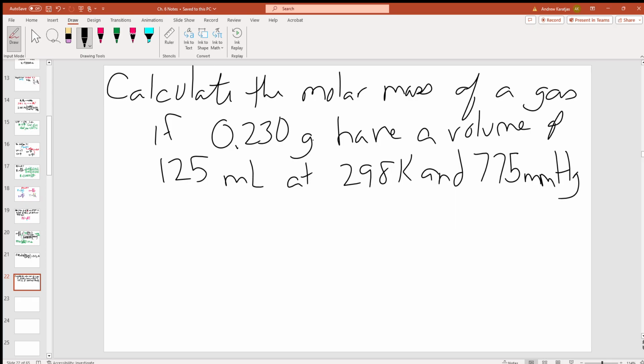Well, in order to do that, we need to think about what is a molar mass. And molar mass is what allows us to relate number of moles to the mass of the substance. So our number of moles, we've done this calculation many other times in our stoichiometry chapter.